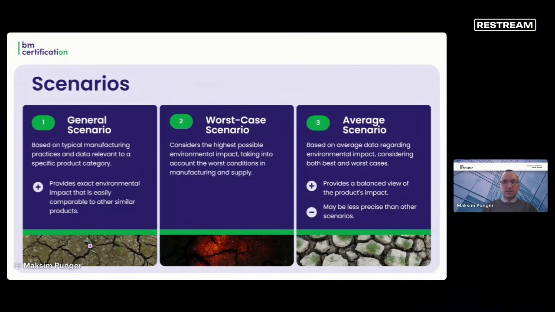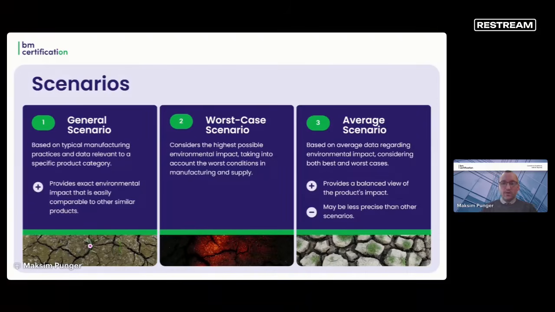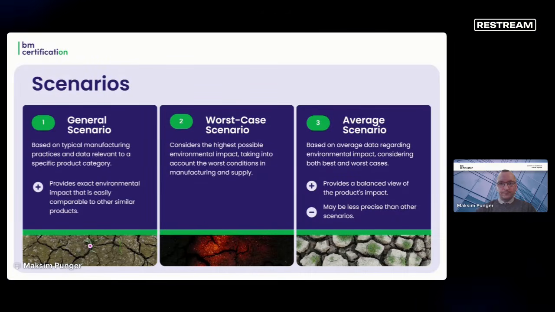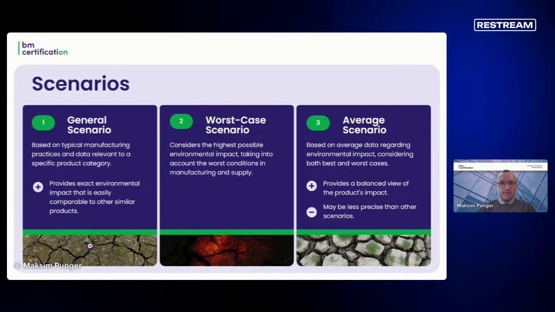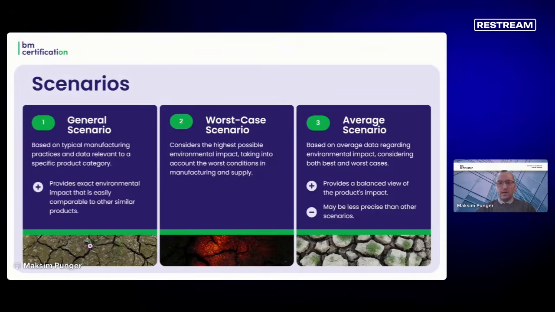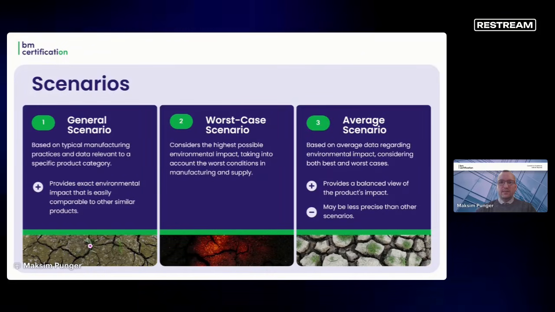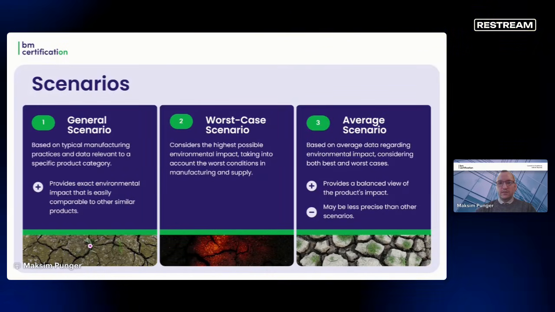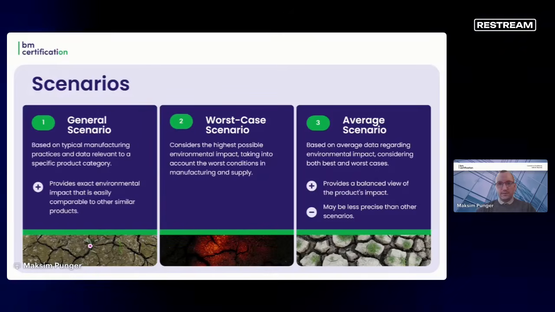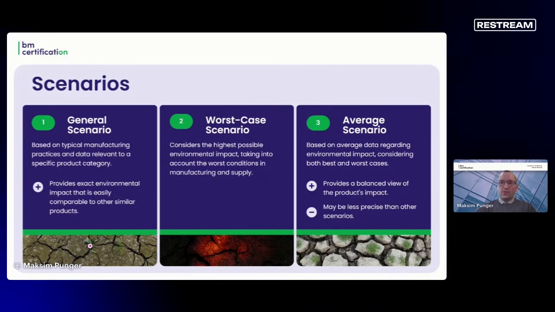Now let's take a little bit closer look at the most common EPDs. The general one is a single product EPD based typically on a specific product or product category. The benefit of this is that it provides exact environmental impact that's easily comparable to other similar products. The multiple product EPDs are worst case scenario or average scenario.